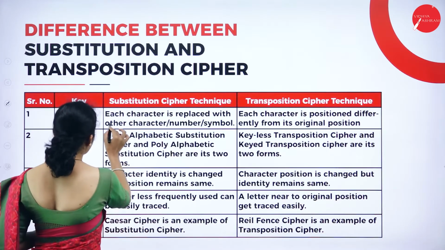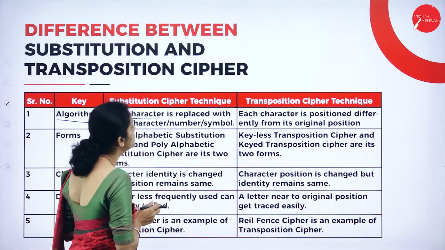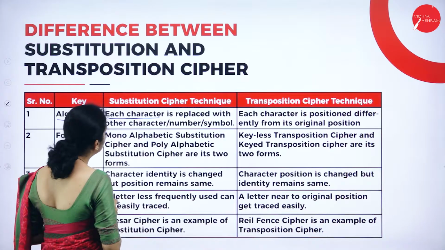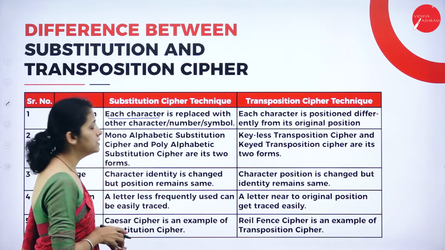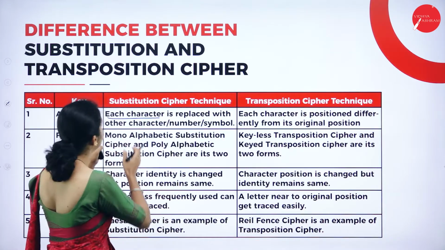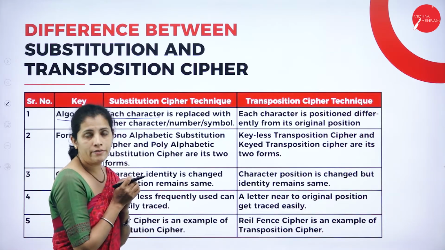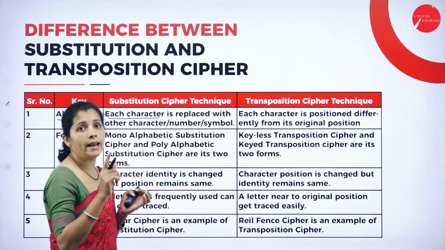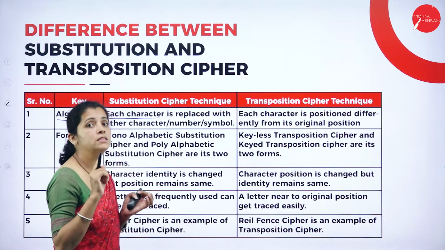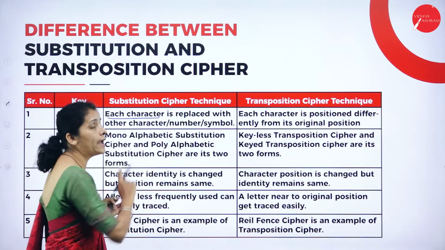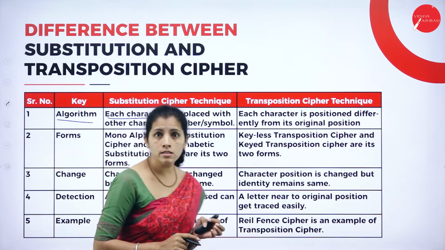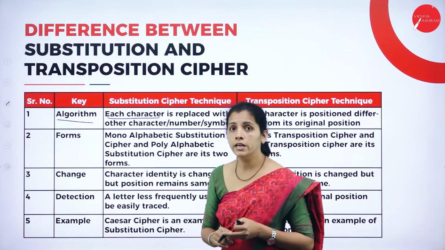In the substitution cipher technique, each character is replaced with another character, number or symbol. That means each character is replaced by another character or substituted by another symbol or another digit.